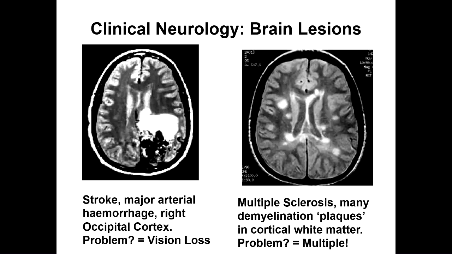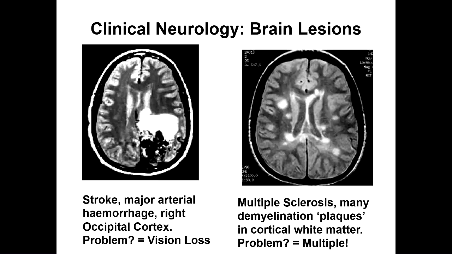The brain image on the right, however, again a horizontal slice through another patient's head, this is the front part of their brain and this is the back, contains a subtle pathology that you wouldn't be able to see in a CT scan. That pathology is those little blobs of white that you can see, and there are lots of them, all within the white matter of this person's brain underneath their cerebral cortex.